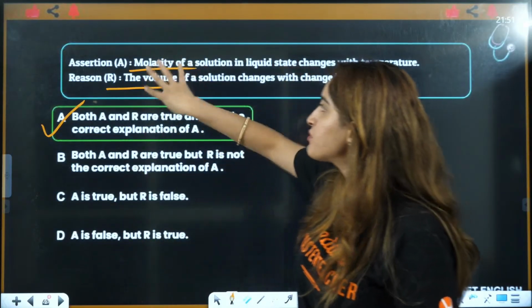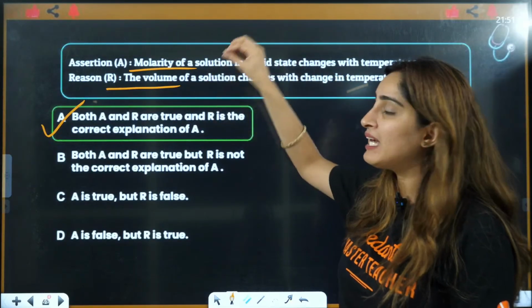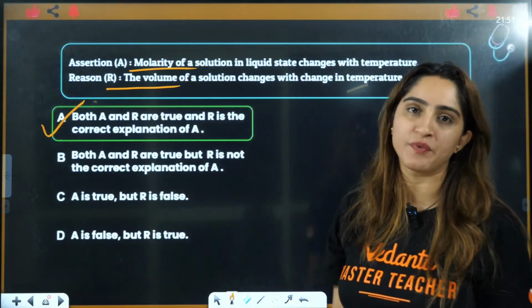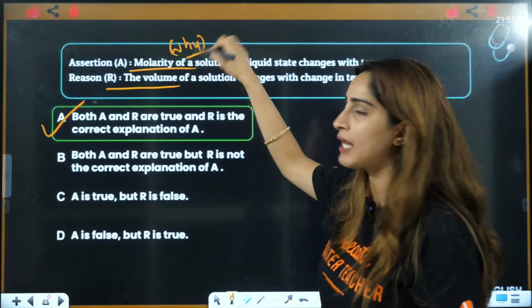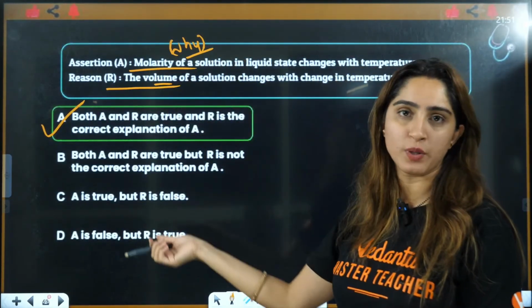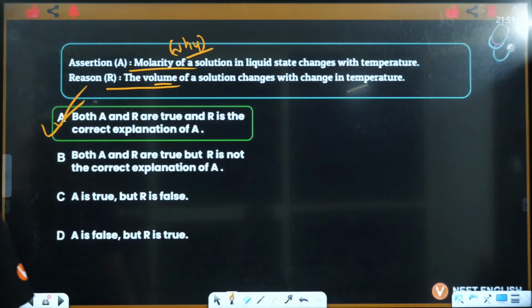That means if volume changes with temperature, and because molarity has volume, that's why it is changing with temperature. And if you ask me why molarity changes with temperature, because it is dependent on volume, that also changes with the temperature. So the answer is going to be A, right?